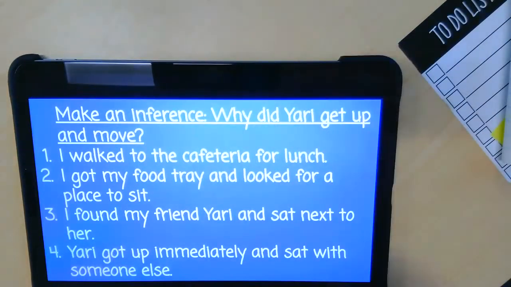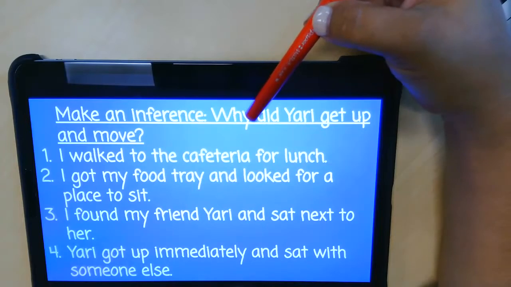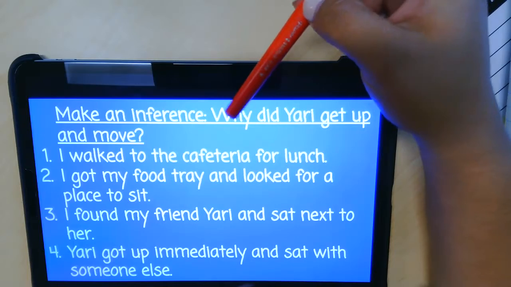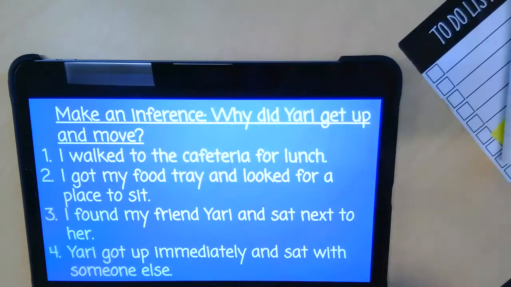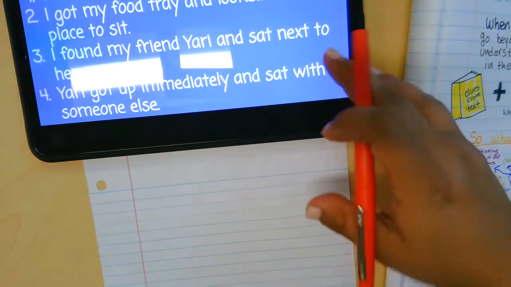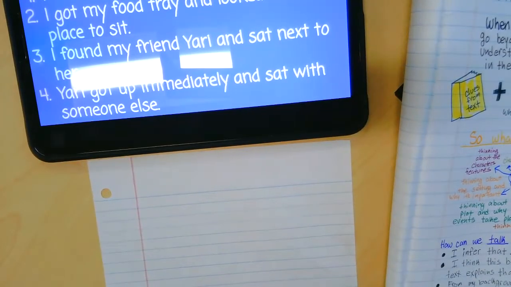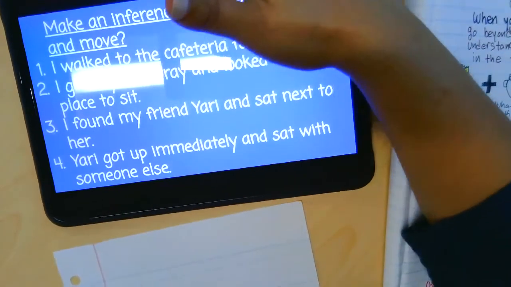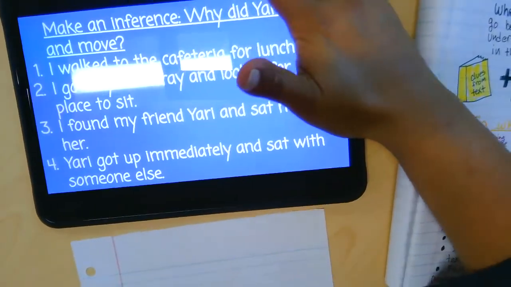Okay, so my question for myself that I'm going to answer right now is, why did Yadi get up and move? So let me grab a paper and show you how I want you to answer this question. Okay, so to answer this question, I'm going to make sure I am restating the question in my inference.